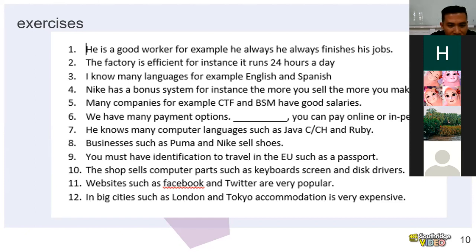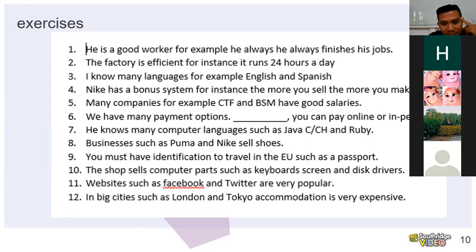Anybody want to try? Let me, sir. Okay, Rahma. You must have identification to travel in the EU. EU is European Union, yeah. European Union. Euro. And full stop, such as a passport, sir.